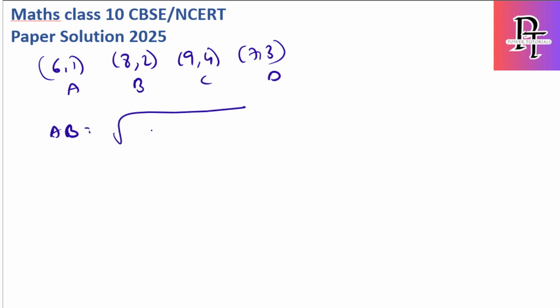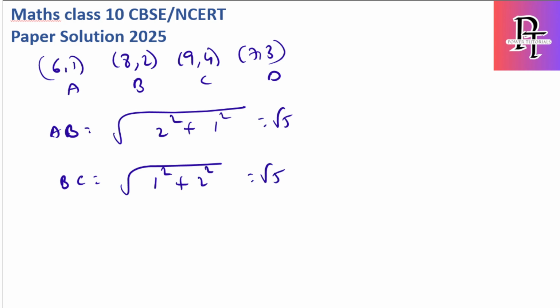So for AB, 8 minus 6, x1 minus x2 whole square, which is 2 square, plus 2 minus 1 whole square is 1 square, which is root 5. Next BC: 9 minus 8, 1 square, plus 4 minus 2, 2 square, root 5.